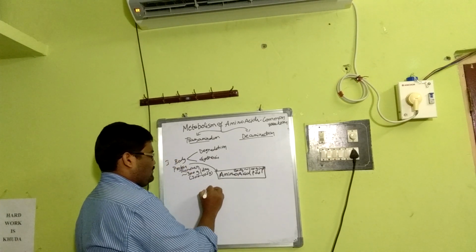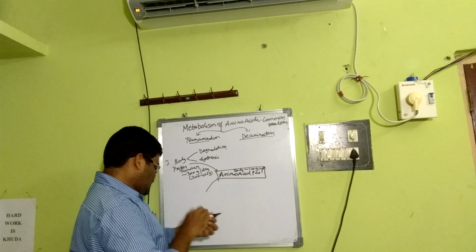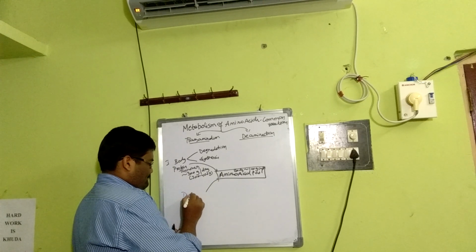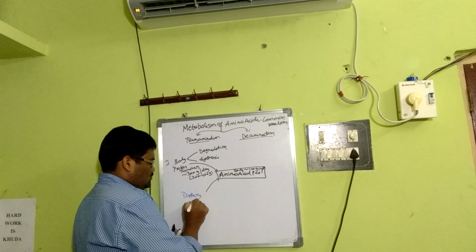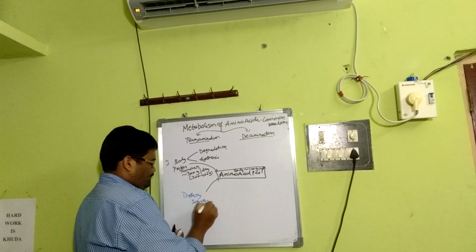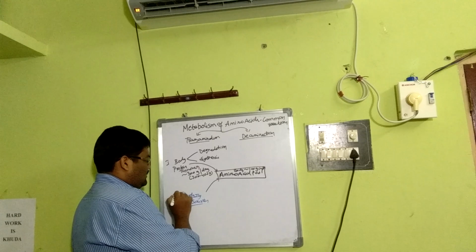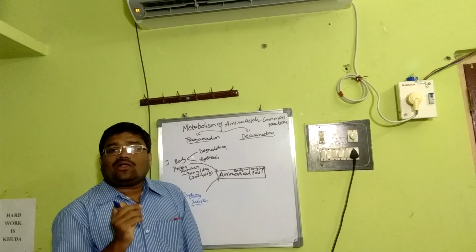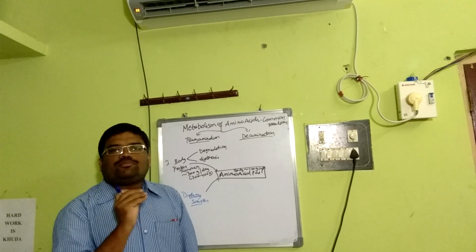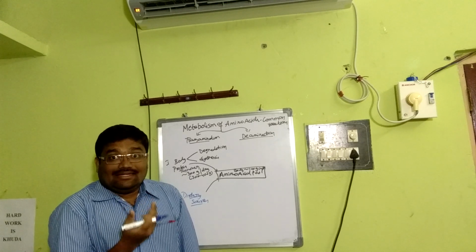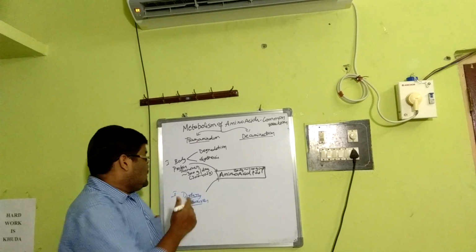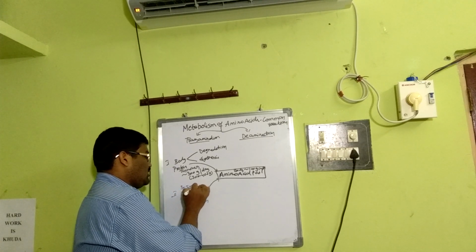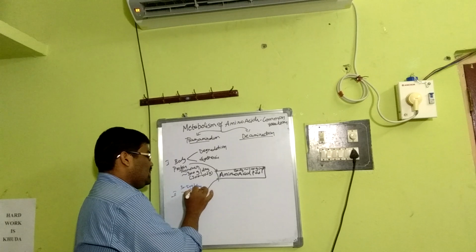Next, dietary sources. As the word implies, we have to get it through diet, and around 30 to 50 grams of protein is degraded daily in an adult human being.